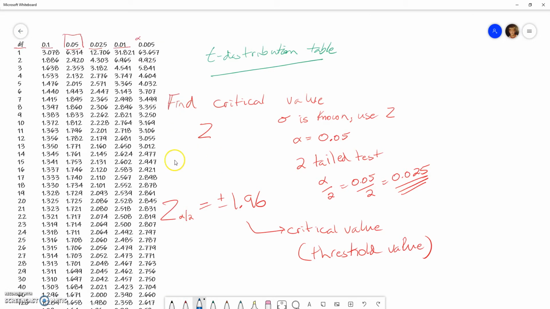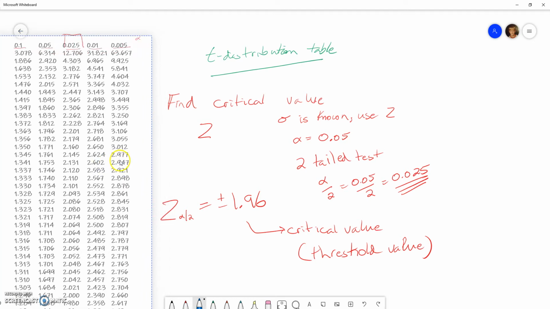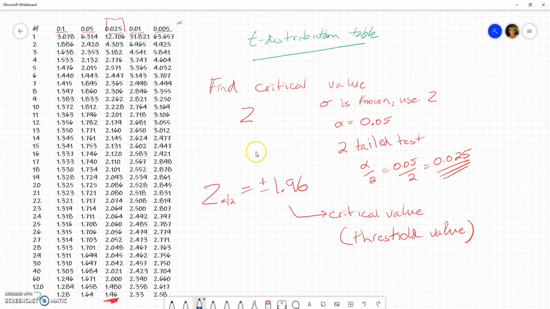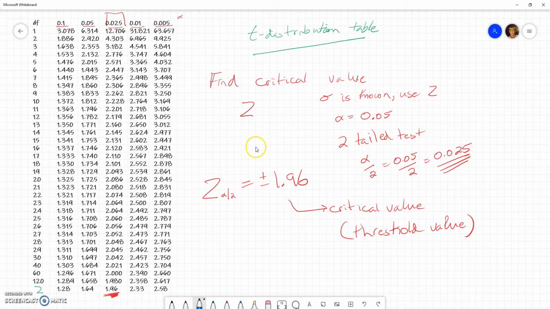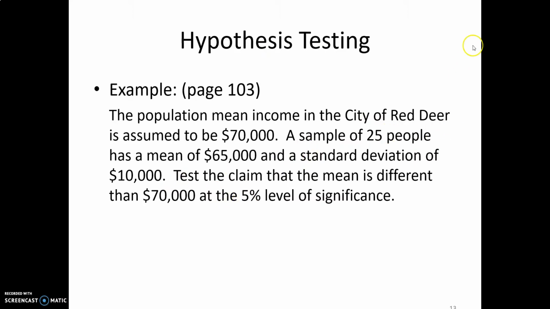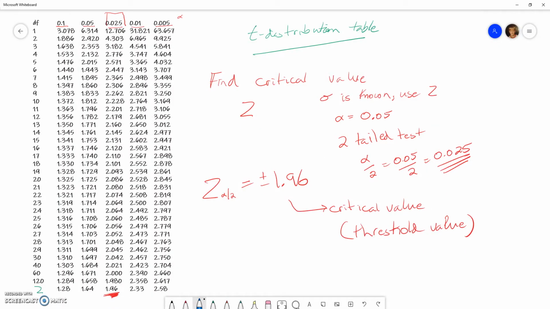Let's just bring it out a bit. Look at the mess I made. There we go. So alpha is 5% and sample size is 25.